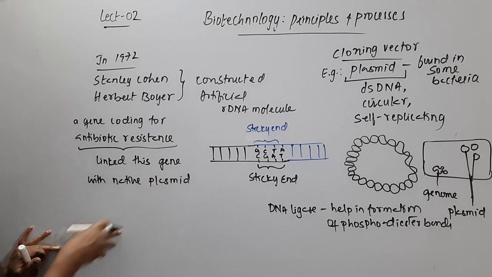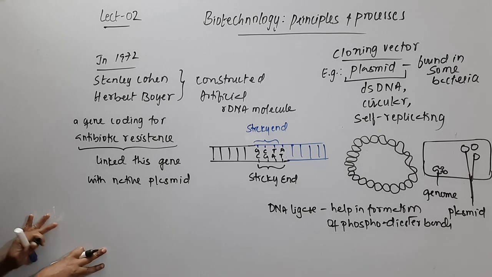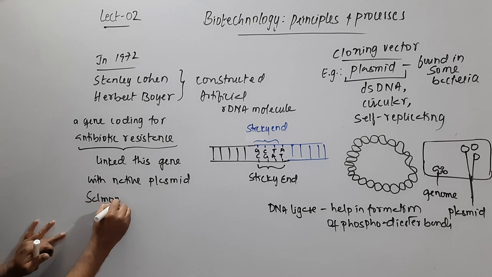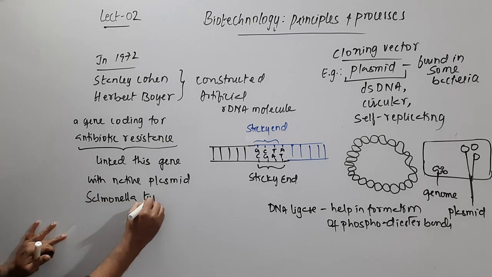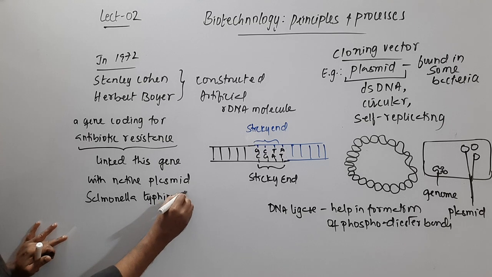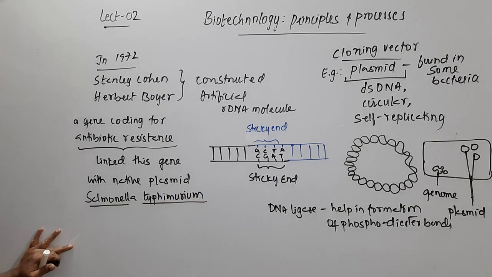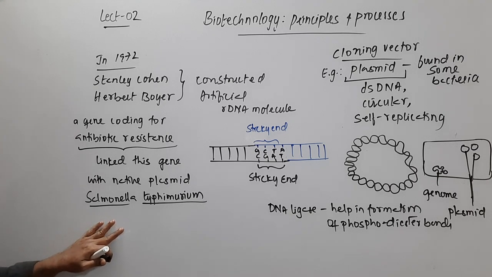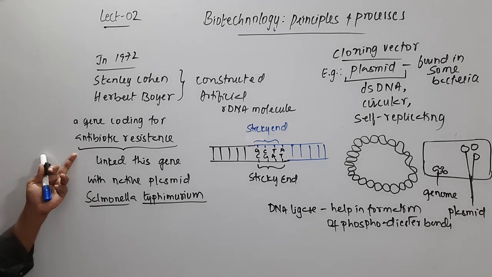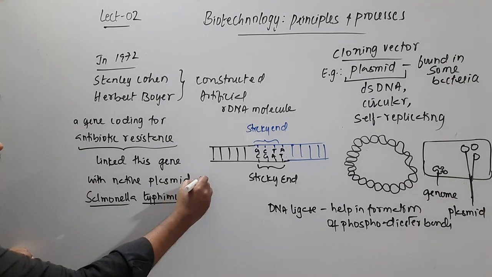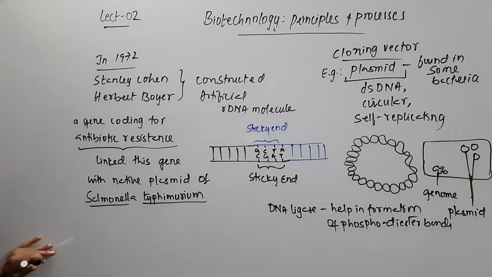The plasmid belongs to a bacterium called Salmonella typhimurium. So they linked this antibiotic resistant gene with the plasmid of Salmonella typhimurium.